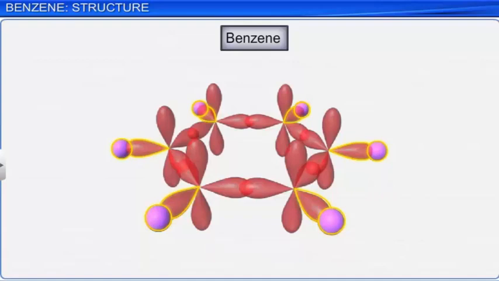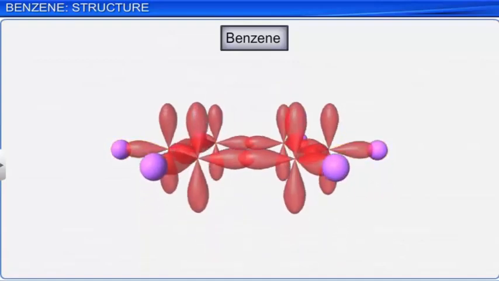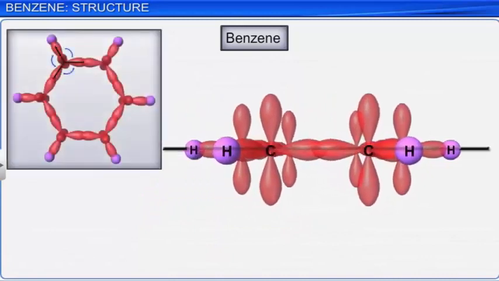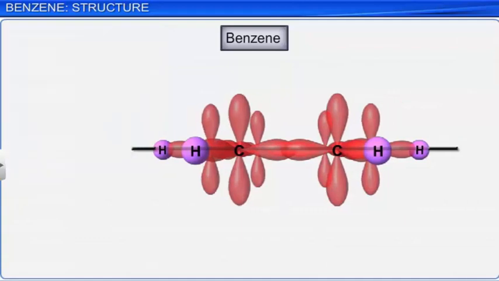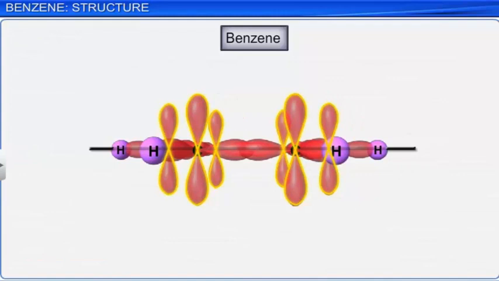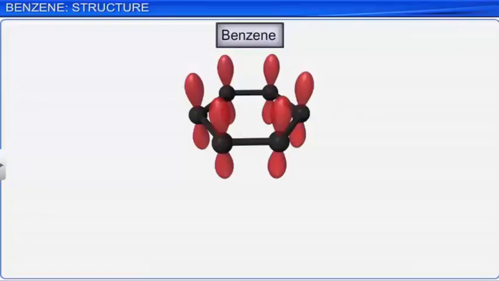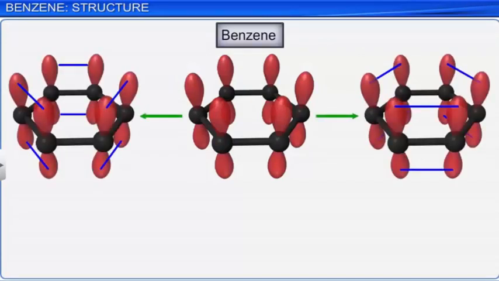Here, each carbon atom is left with one unhybridized 2p orbital at right angle to the hexagon of the carbon atoms in benzene. We know that the p orbital has two equal lobes, one lying above and the other below the plane of the ring. These unhybridized 2p orbitals of the carbon atoms overlap each other sideways as shown here.